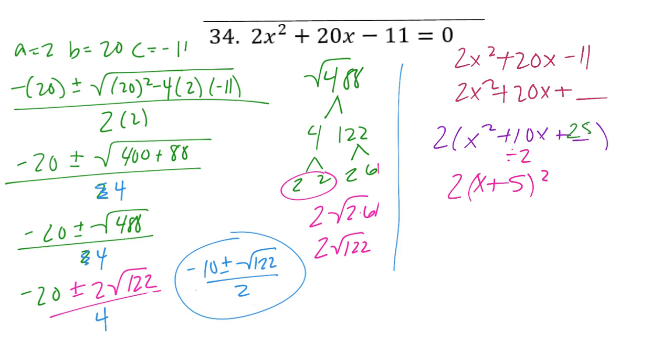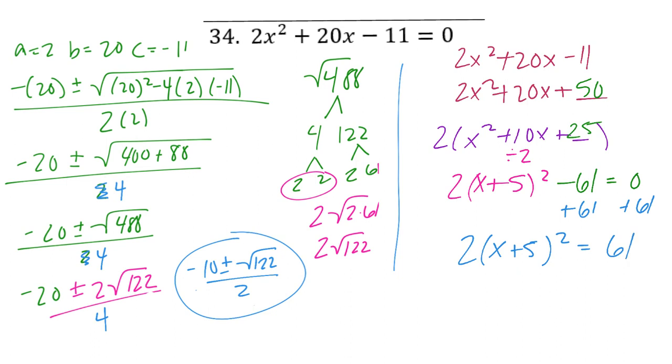5 squared is 25. 2 times 25 is 50. And how do I get from 50 to minus 11? I minus 61. Now that equals 0. Add 61 on both sides. 2 times x plus 5 all squared equals 61. Divide by 2 on both sides.